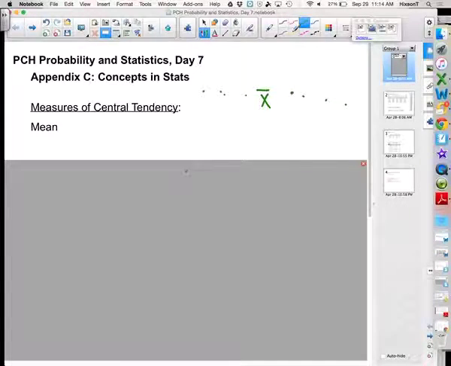But if we took on this side and we added how far away this one was, and this one, and this one, and this one, those distances would add up to the same thing that this distance, this distance, this distance, and this distance added up to.